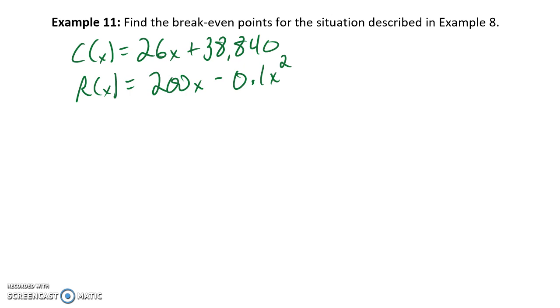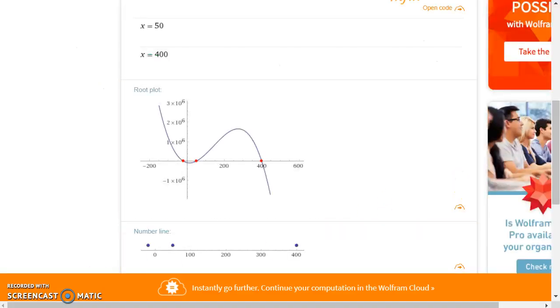So we could generate that profit function and solve P of x equals 0. Or, since we're starting off with revenue and cost, we could just set our revenue function equal to our cost function and solve that equation. We'll look at an example of taking that approach.